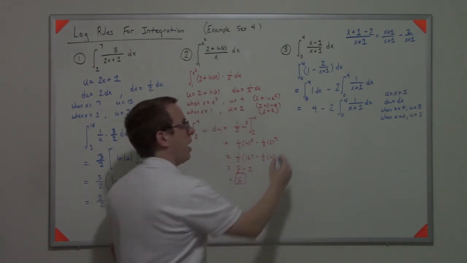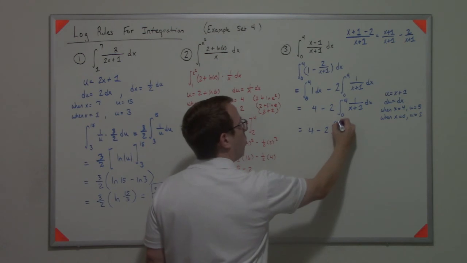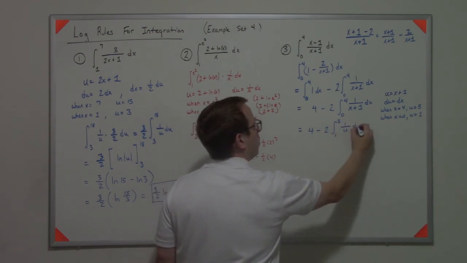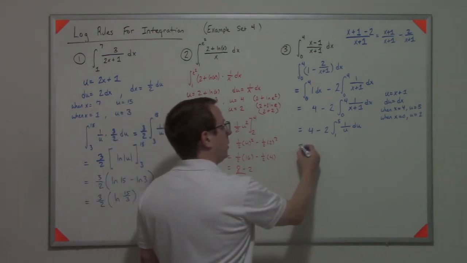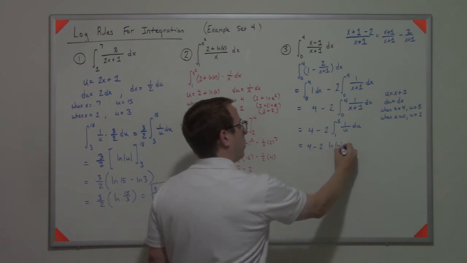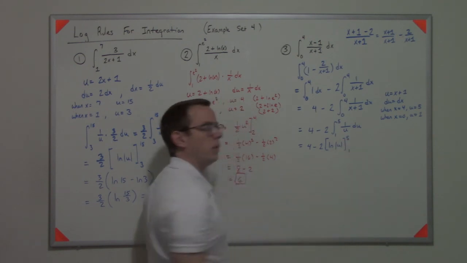So now what we have is 4 minus 2 times the integral from 1 to 5 of 1 over u du, which then we can take the antiderivative, natural log of u, from 1 to 5.